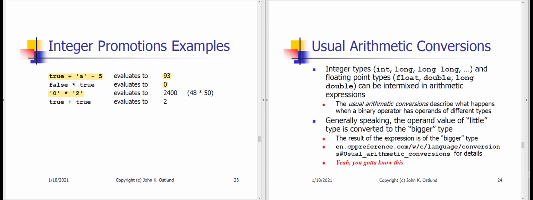So these so-called integral promotions occur on any of the so-called integer subtypes. The bool, char, and short are all promoted to int.